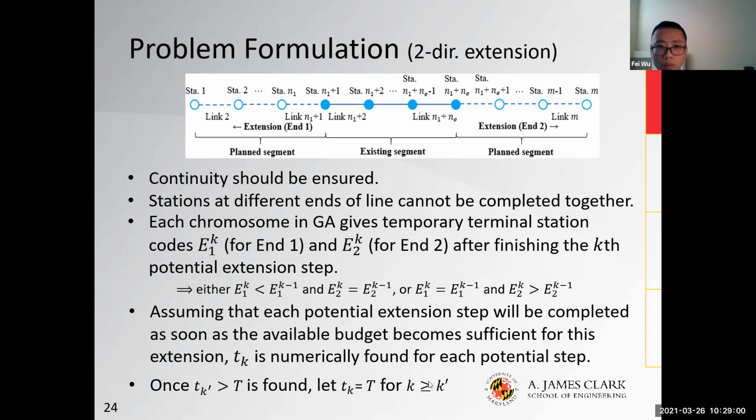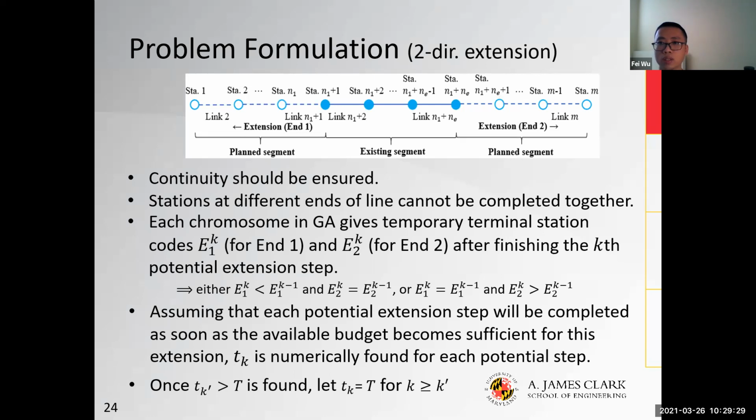For an extension plan given by a genetic algorithm, we numerically find the completion times for each potential step as soon as the available budget becomes sufficient for extension.